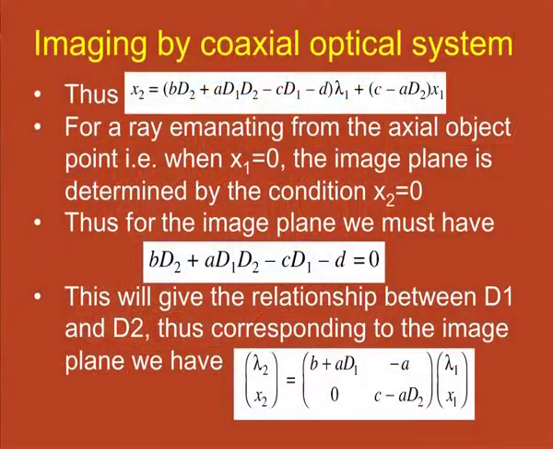Thus, x 2 is equal to b d 2 plus a d 1 d 2 minus c d 1 minus d whole multiplied with lambda 1 plus c minus a d 2 into x 1.